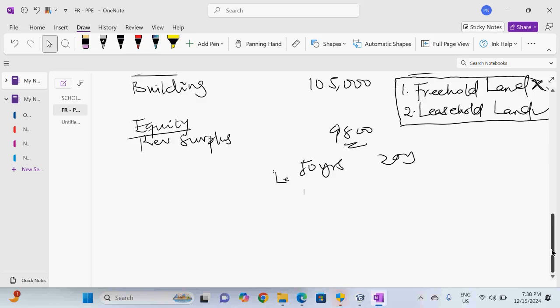On 1st October 2014, following a sustained increase in property prices, Victim revalued its property to 10.8 million. What will be the depreciation charge in Victim's statement of profit or loss for the year ended 31st March 2015?